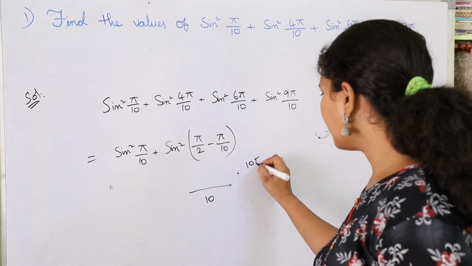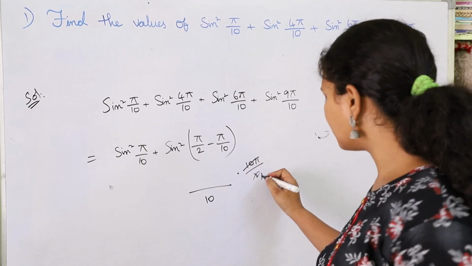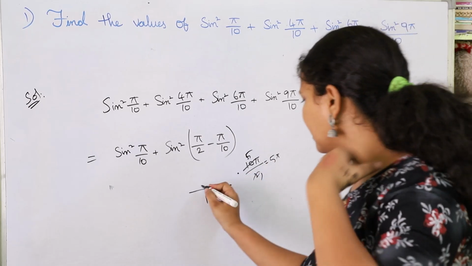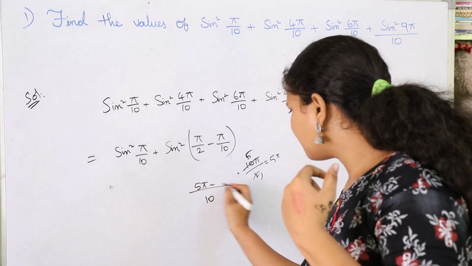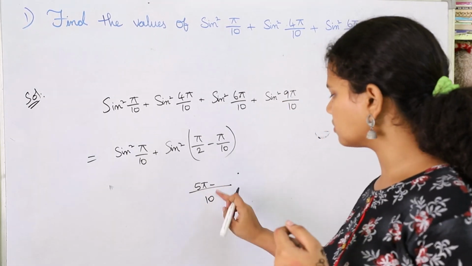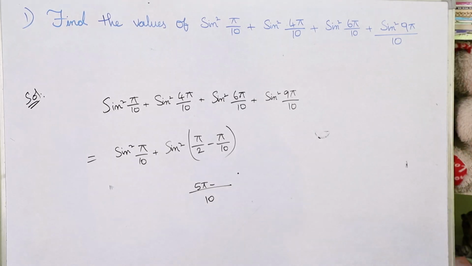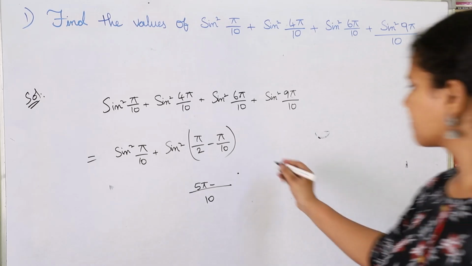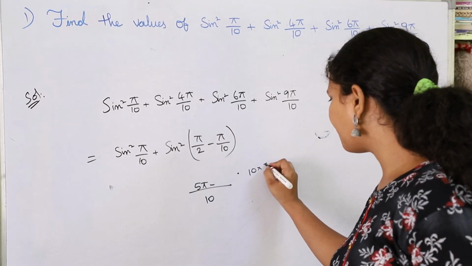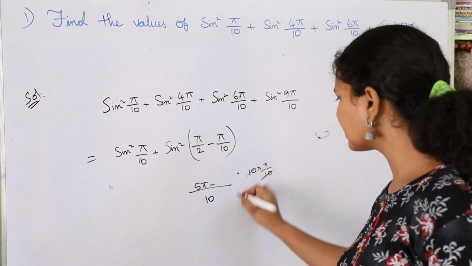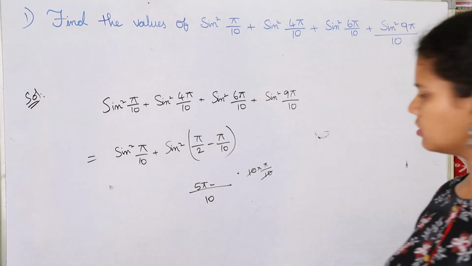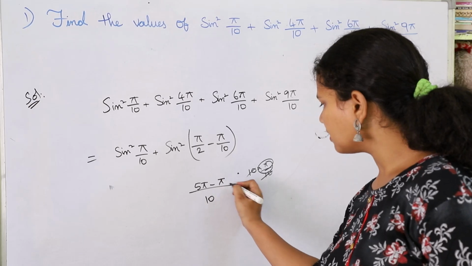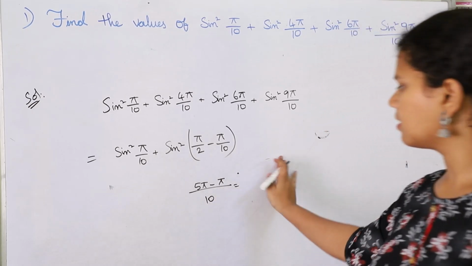Then minus, as we have a minus there, 10 into pi by 10, the 10 cancels, leaving pi.